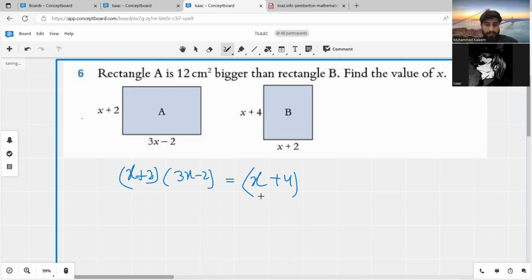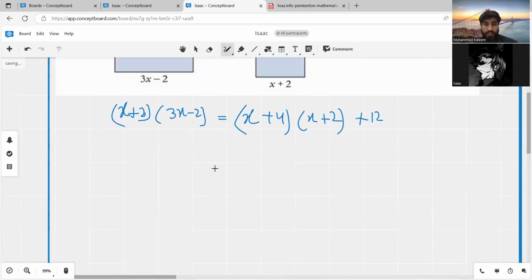Did you get the equation? Yeah, I got that. What is it? I'm almost done.